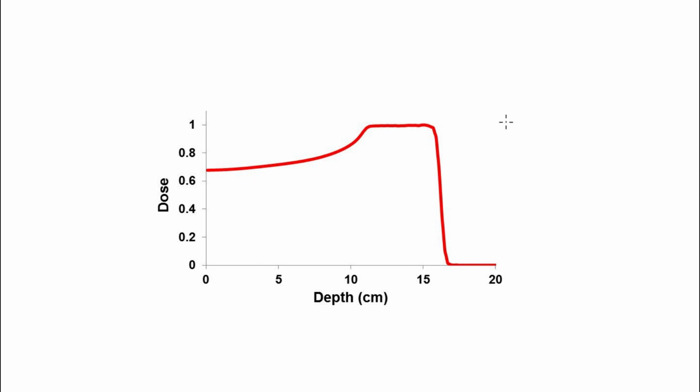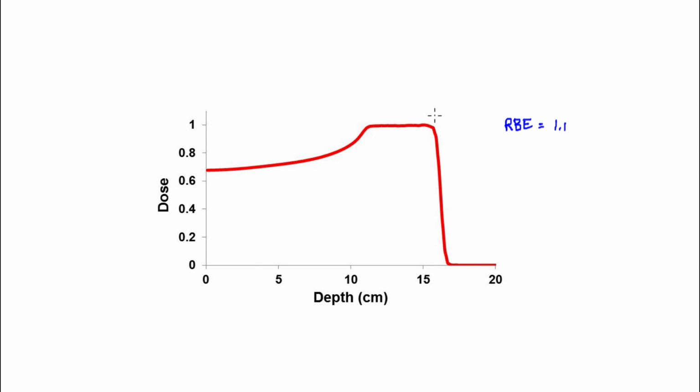First, let's consider the relative biological effect of the proton beam, the RBE. So there's quite a bit of data on this, but the bottom line is that the ICRU 78 recommends that we're going to use a constant value for RBE of 1.1 for the proton beam.